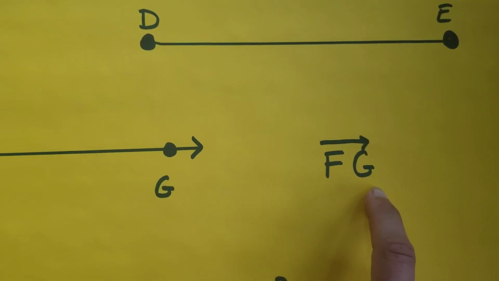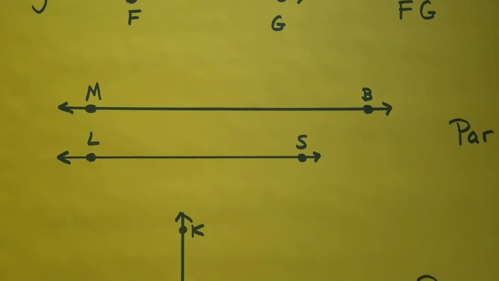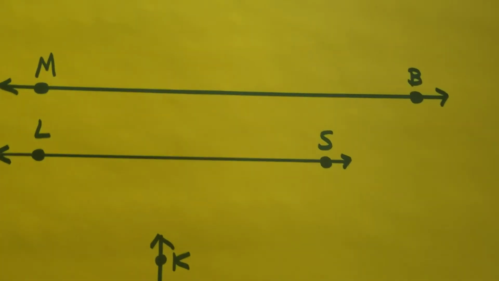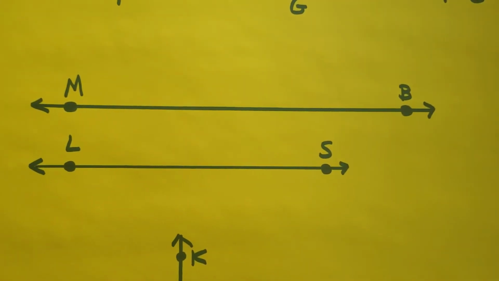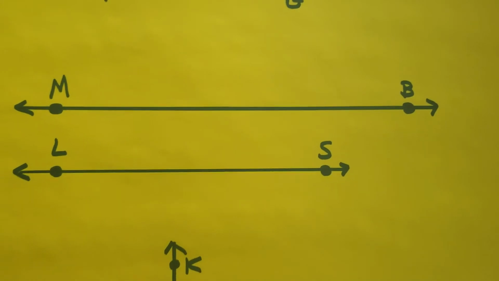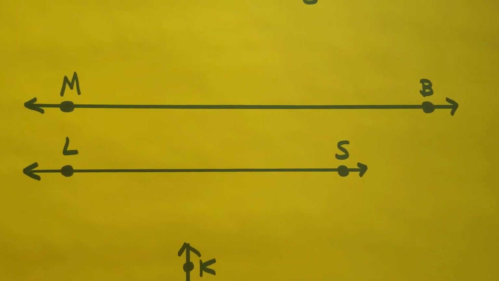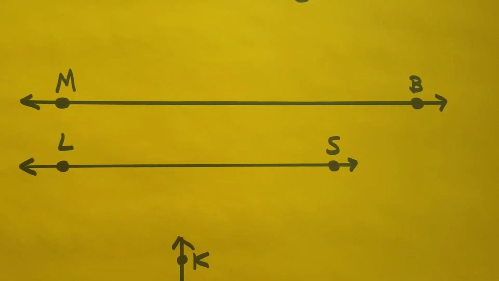Now we have other types of lines. We have lines that are called parallel lines. So you can see that these two lines, my parallel lines MB and LS, could continue forever and ever and ever, and they're never going to cross each other. So those are called parallel lines.